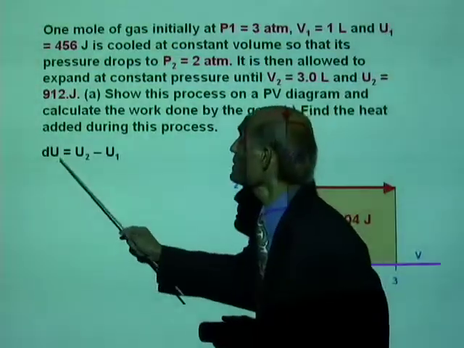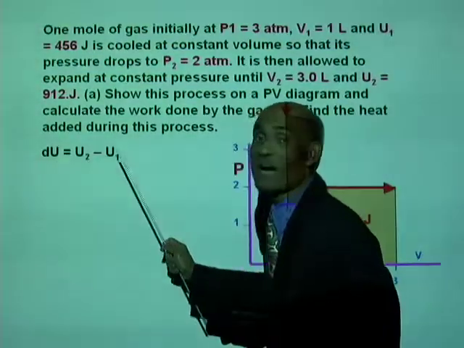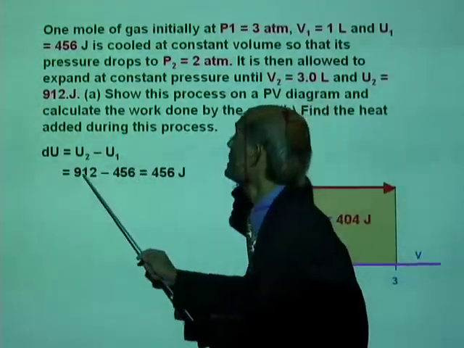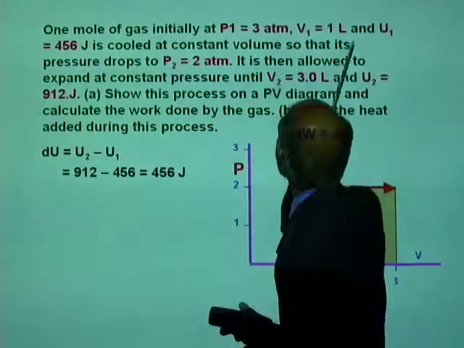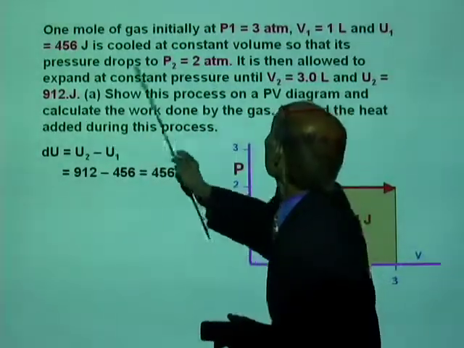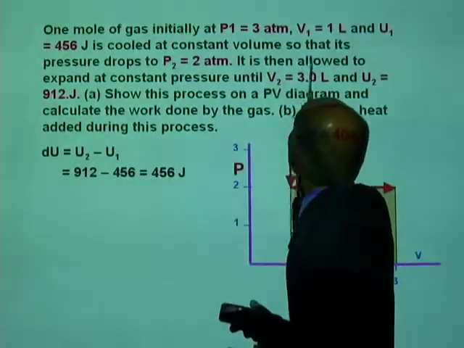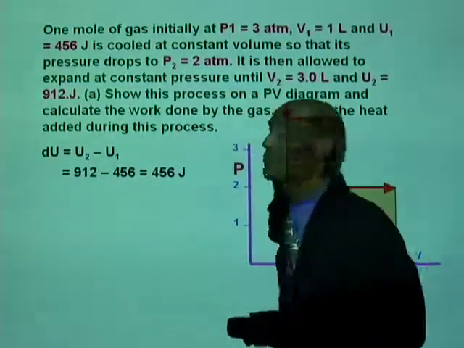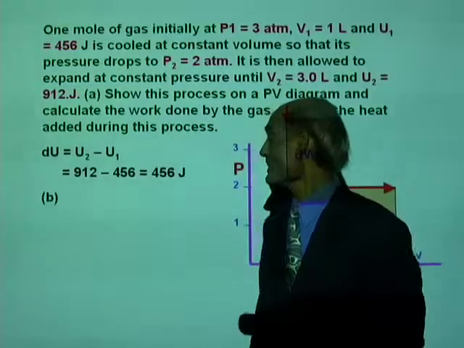Alright? So dU equal to U2 minus U1, the change in the internal energy, which is 912 minus the initial internal energy 456, and that is 456.